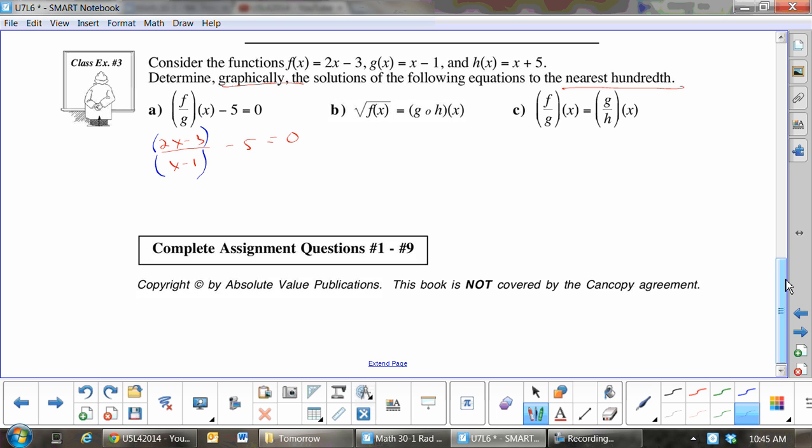Because if you put 2x minus 3 divided by x minus 1 into your calculator, it will think you want to go 2x minus 3 divided by x, and then you want to minus 1 to all that. That's what your calculator is thinking. Okay, so you always have to make sure you put brackets here and brackets here, so it knows to put it there.